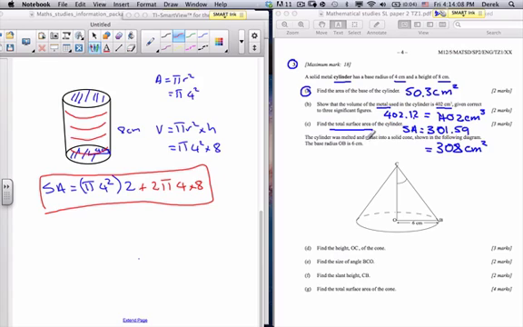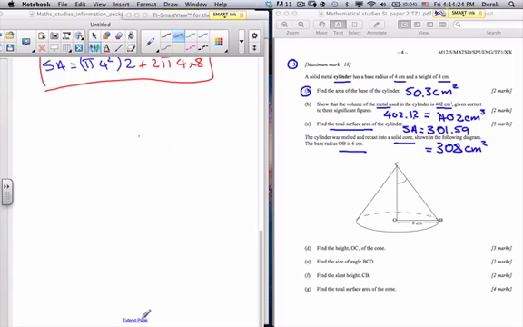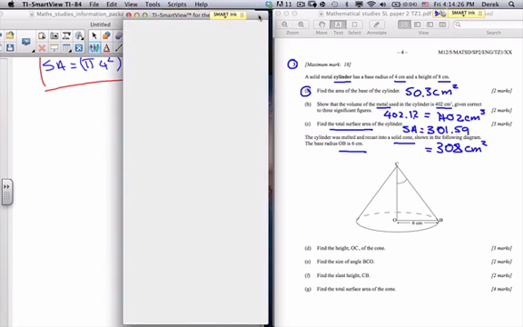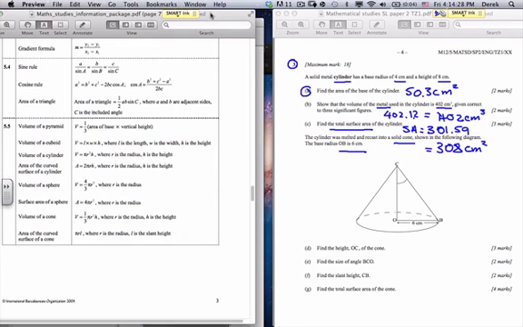Then it says the cylinder was melted and recast into a solid cone shown in the following diagram with the base radius of 6 centimeters. So we've got that. Find the height OC of the cone. So in doing this, I'm going to have here the volume of a cone is given by this formula over here.